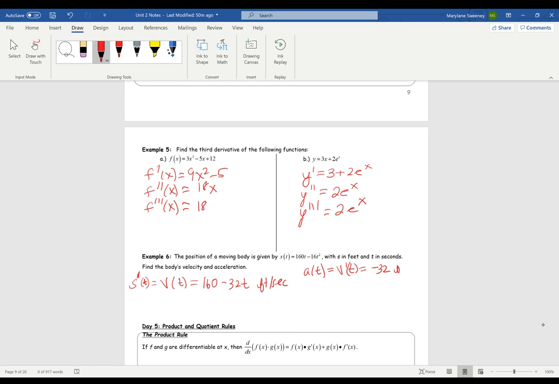And that would be in feet per second squared. The second is squared. So velocity is first derivative. Acceleration is second derivative. All right, that's it for day 3.